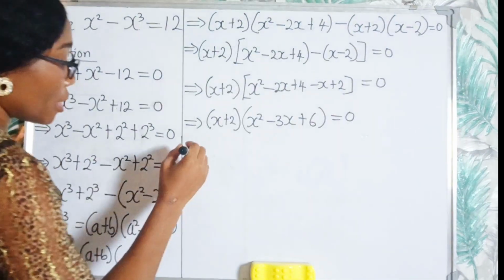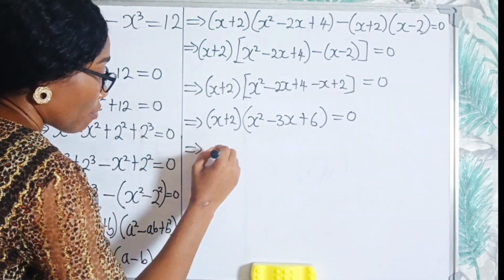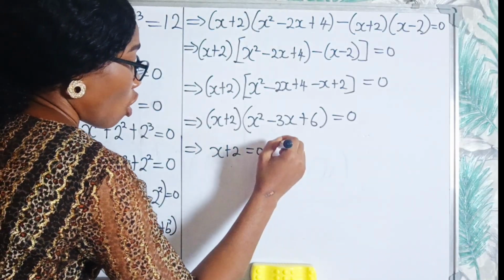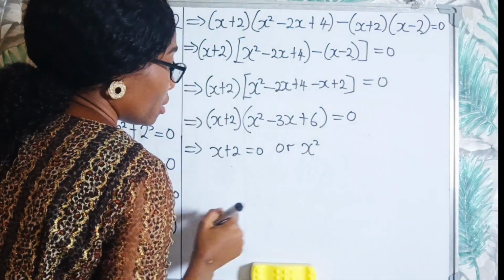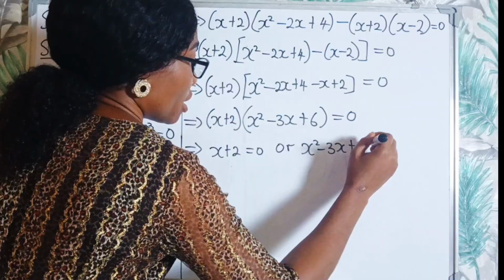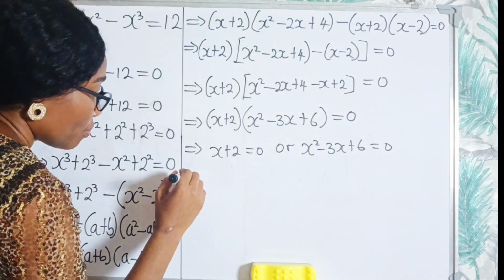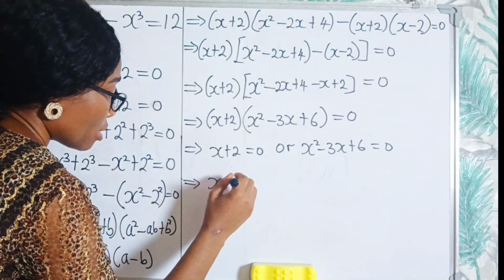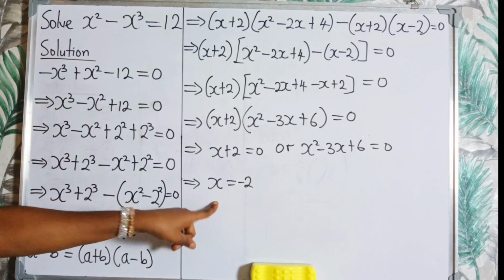So this is to say that the first value of x here, we have x plus 2 is equal to 0, or x squared minus 3x plus 6 is equal to 0. So here we have x is equal to minus 2. This is the first value of x.